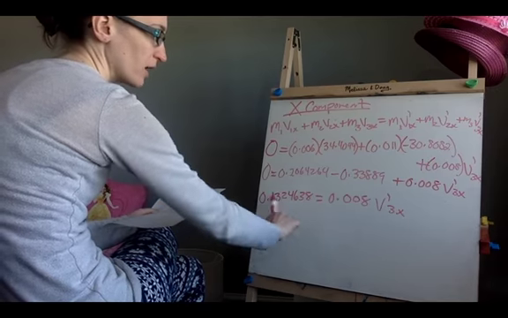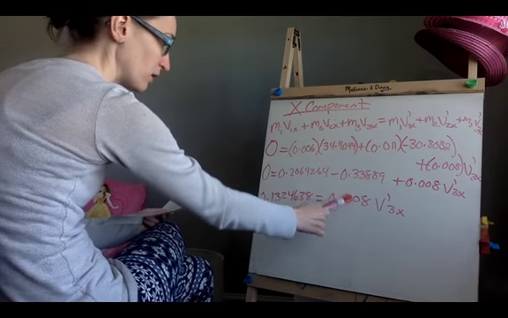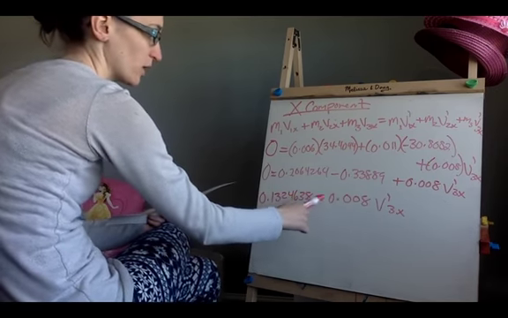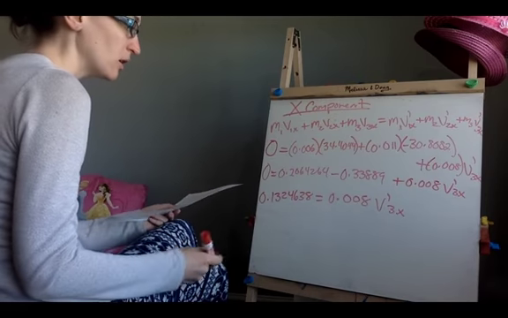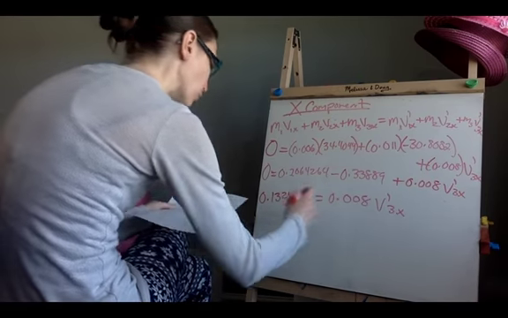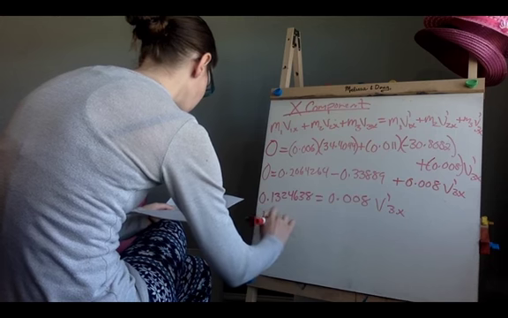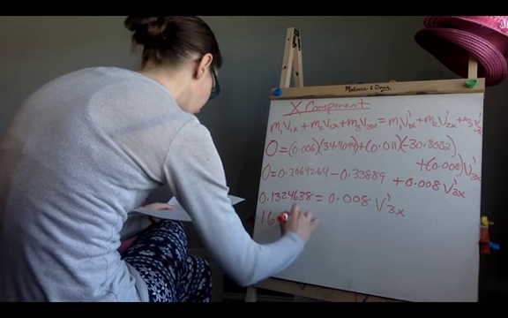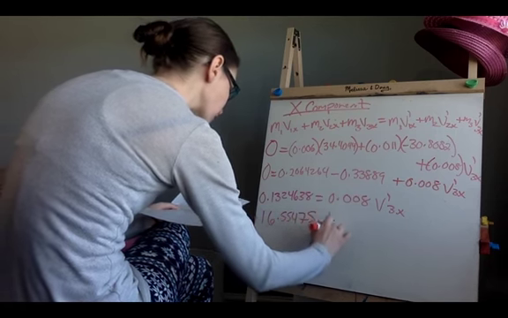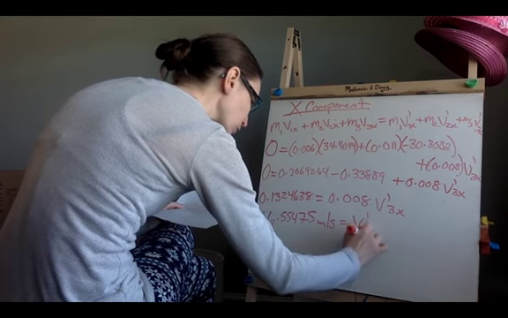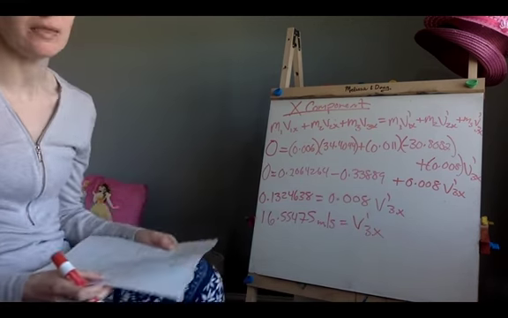And then you're just dividing both sides by the 0.008, right? So the 0.132468 divided by 0.008, and what you end up getting is a value of 16.55475 meters per second, which is the velocity of our third fragment in the x component.